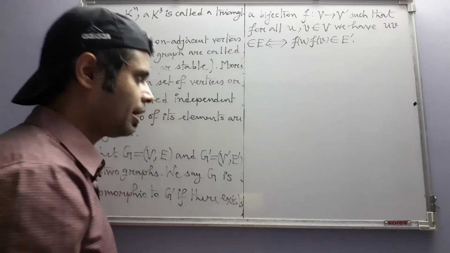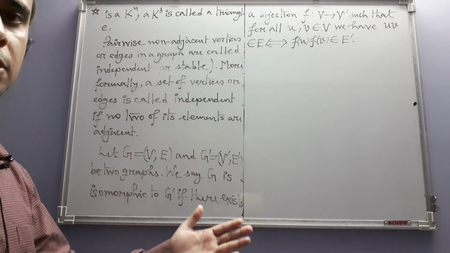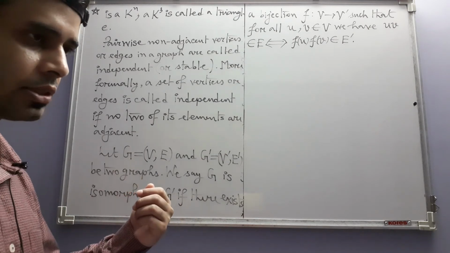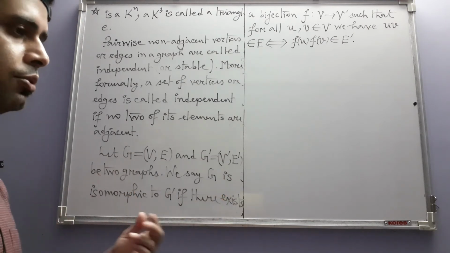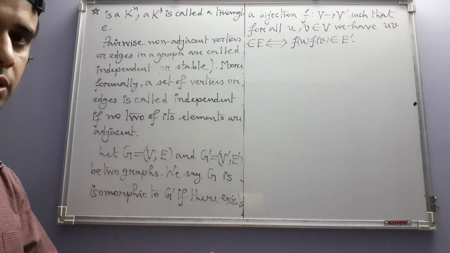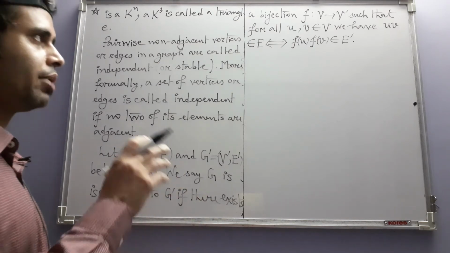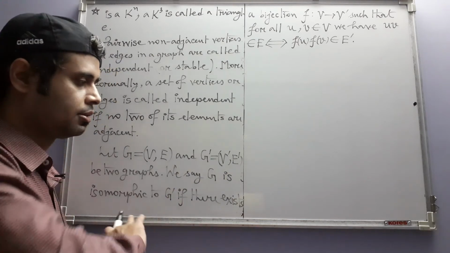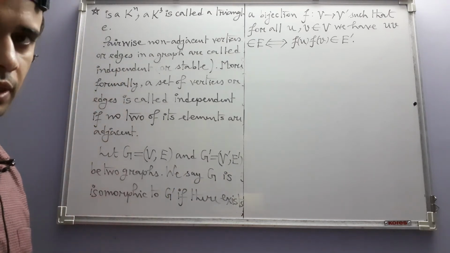It's the same idea of a structure preserving map between two, say, algebraic structures. Say you have two groups, they are said to be isomorphic if and only if there is a bijection between the sets that preserve the algebraic structure.